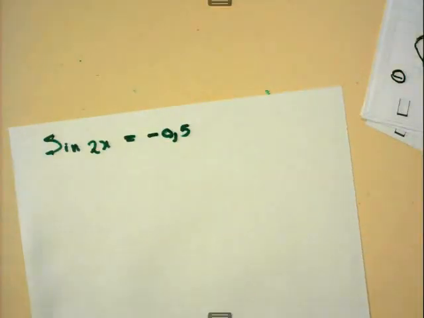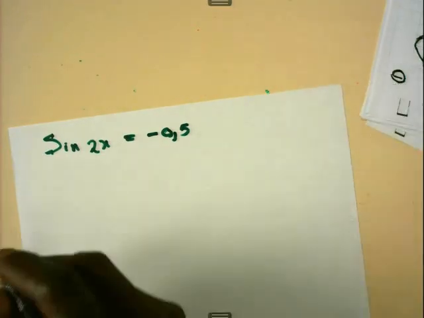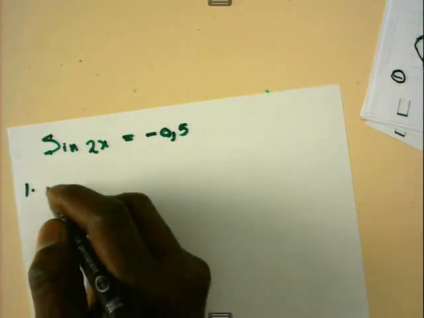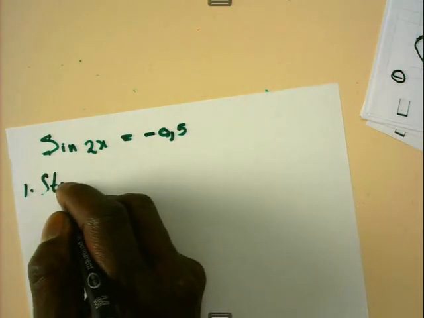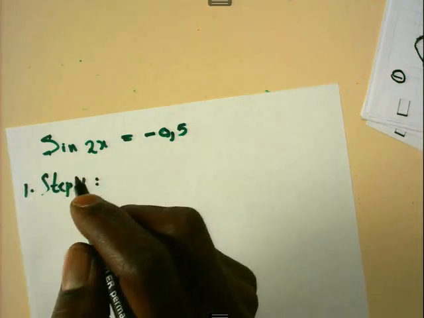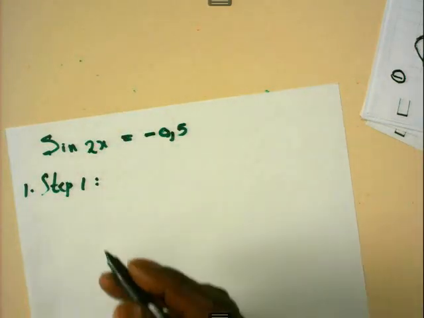Sine 2x is equal to -0,5. We move along with the steps. Step one. Who can remind us of step one? Oh, everybody is comfortable with step one.